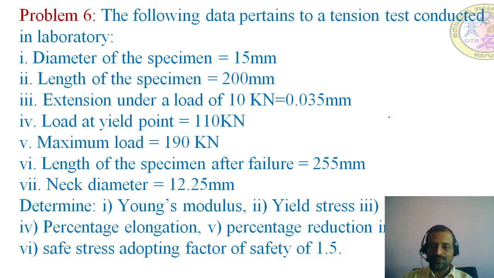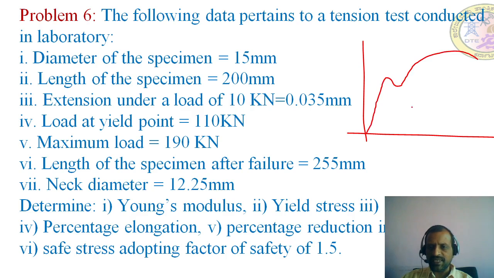Right? So now I'll draw the stress strain diagram, like this. This is the stress strain diagram. As I told, this is O point and it comes here as the A point. Then here it comes the B point. This is B point, and at this point it is C point.